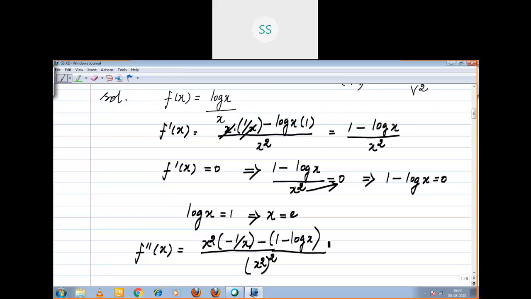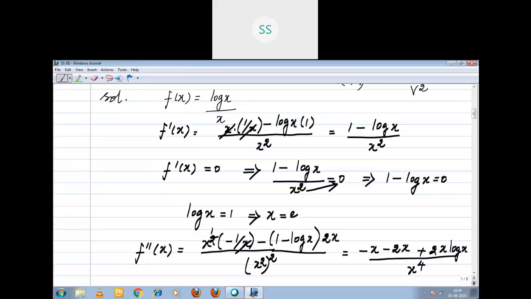When you differentiate x square, what will you get? 2x. This is equal to, see here, x cancels. What can you get? Minus x minus 2x plus 2x into log x divided by x power 4. Am I right, children? Whether you got it? Say yes or no. Yes.